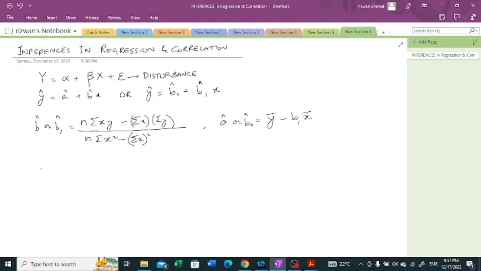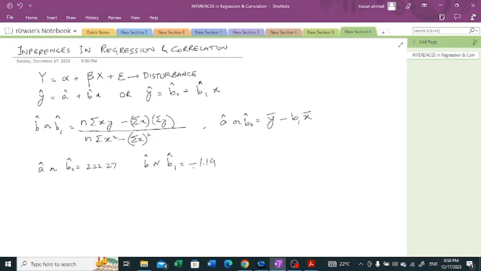And the intercept A hat or B naught hat is equal to 222.27, whereas B hat or B1 hat is equal to minus 1.14.